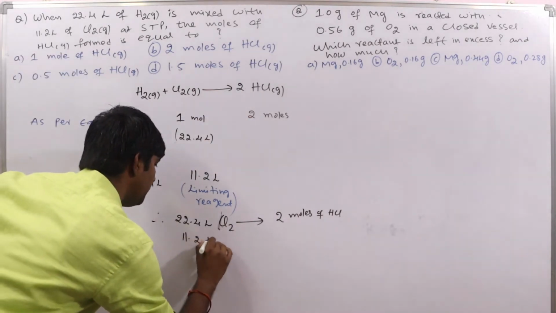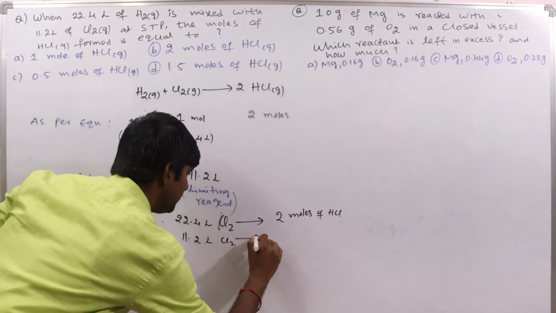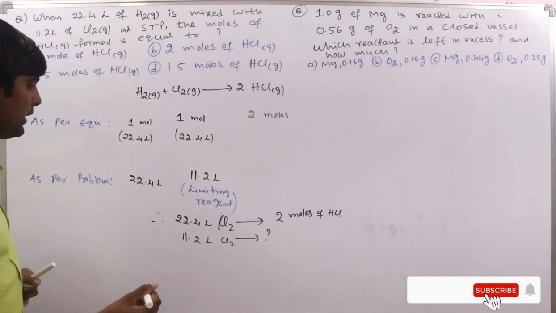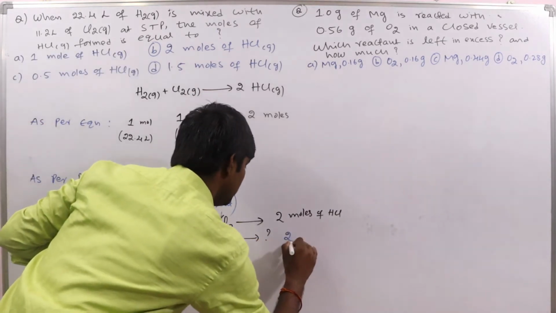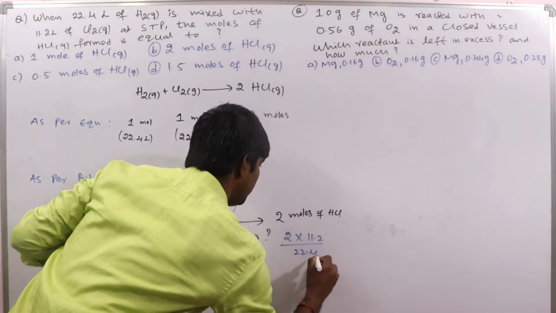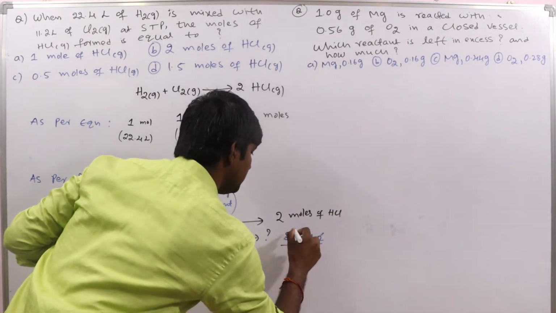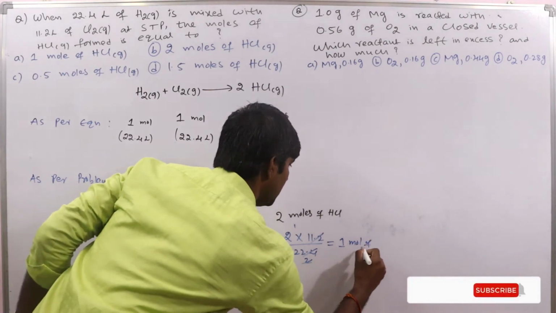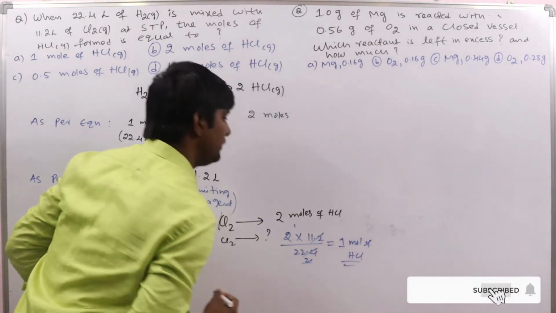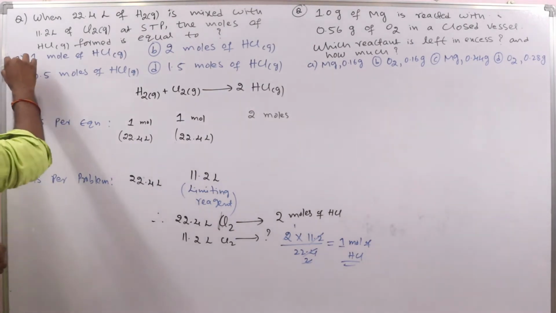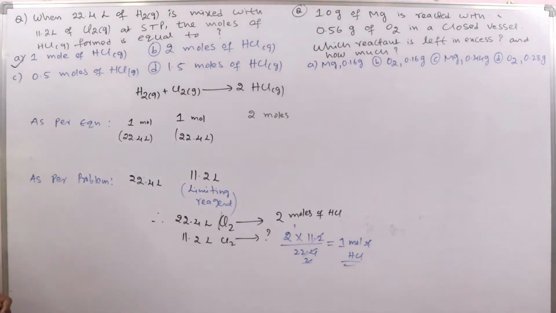Now, 11.2 liter of Cl2 gives how many moles of HCl? Simple: 2 into 11.2 by 22.4. The 2 and 2 get cancelled, so we get 1 mole of HCl formed. So what is the final answer? 1 mole of HCl is formed, so option A is the answer.